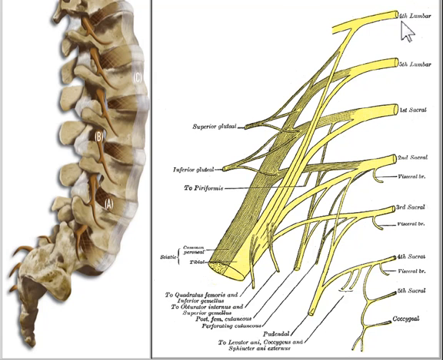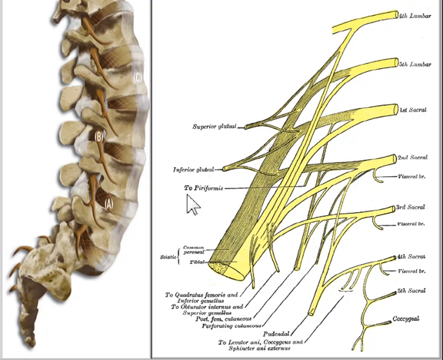Now, between the fourth lumbar nerve root and the third sacral nerve root, these nerves come out of the spine and join together to form the widest and the longest nerve in the body, the sciatic nerve. It's kind of like the Nile or the Amazon of the body when it comes to nerves.